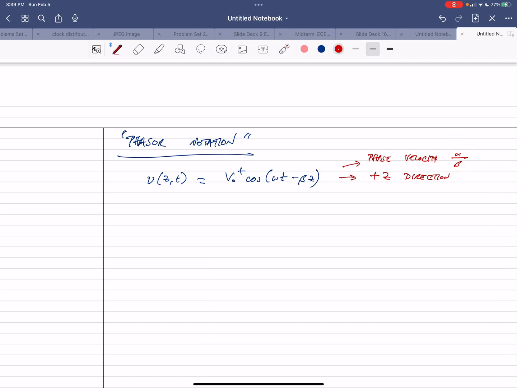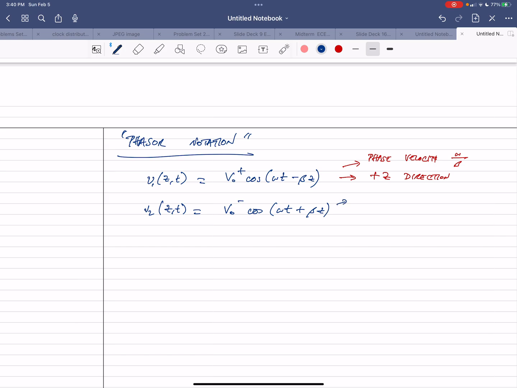Or it's possible that there's another voltage. Let's call this V1, and let's call this V2, say. So you have V2 that has an amplitude V0 minus, and it's cosine of omega t plus beta z.